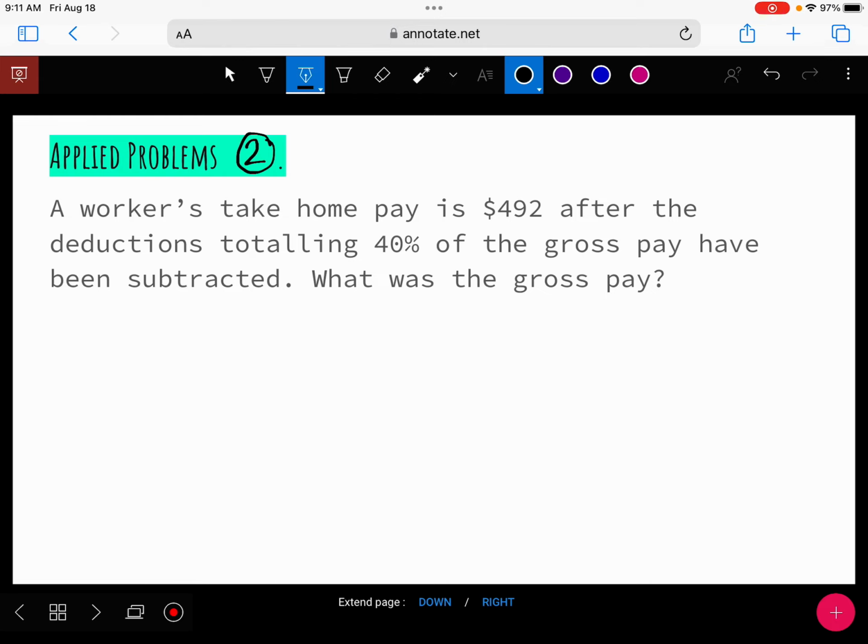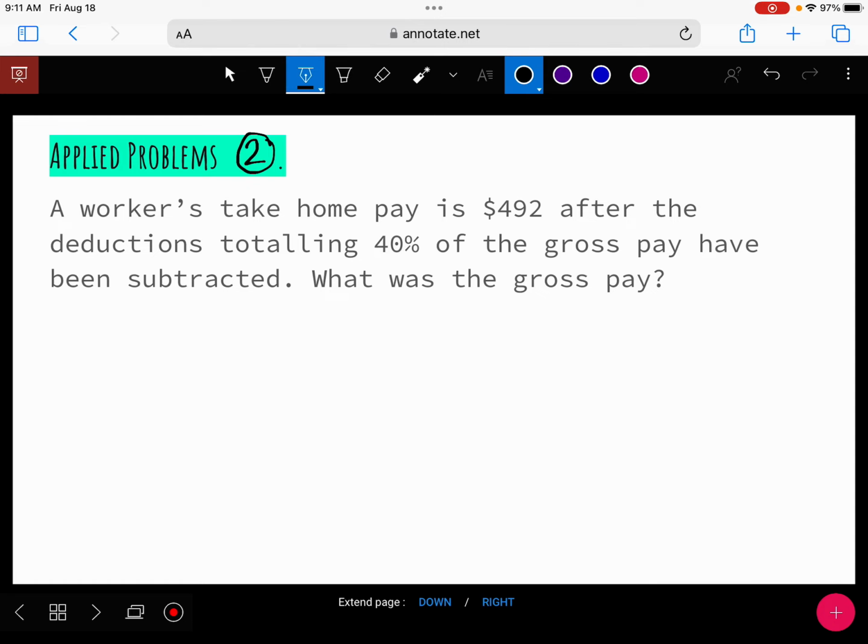So we've got a worker's take-home pay is $492 after their deductions. Their deductions are 40% of the gross pay. How much is their gross pay? So this would be, the gross pay is usually how jobs advertise their pay. It's like, we'll pay you $50,000 a year. And then taxes come out.